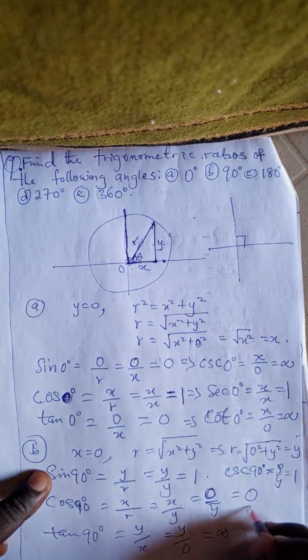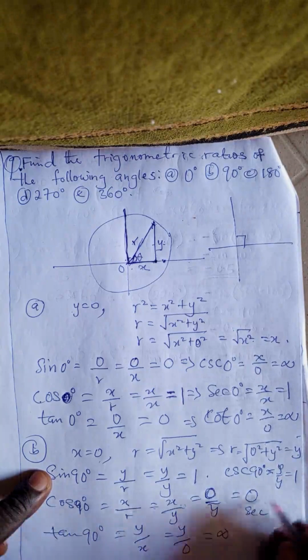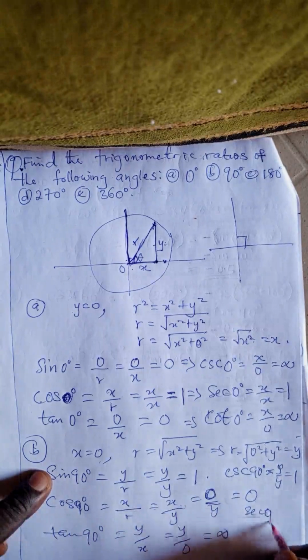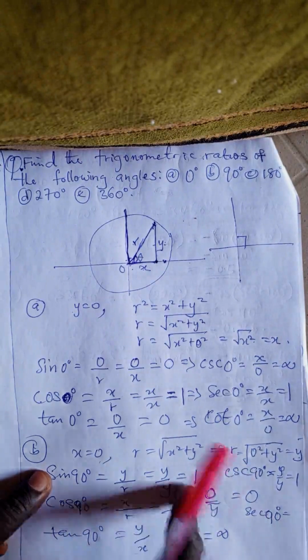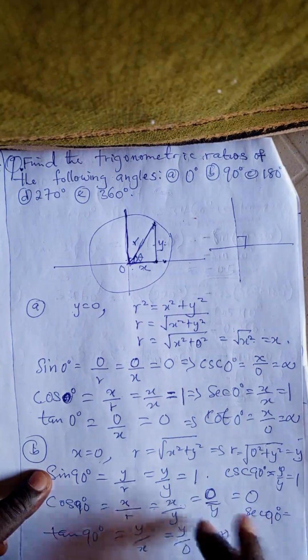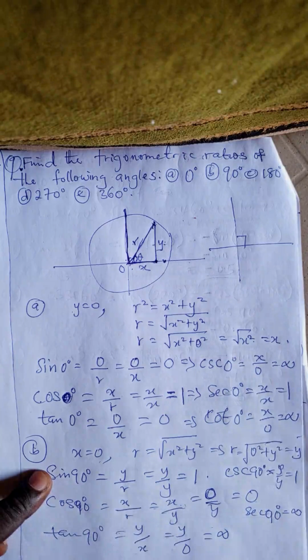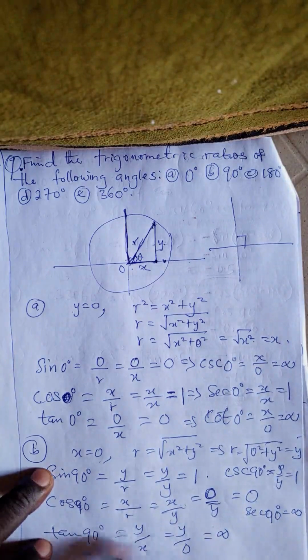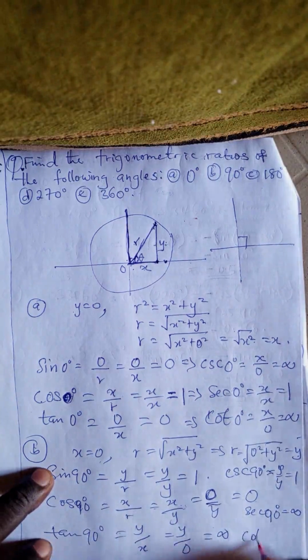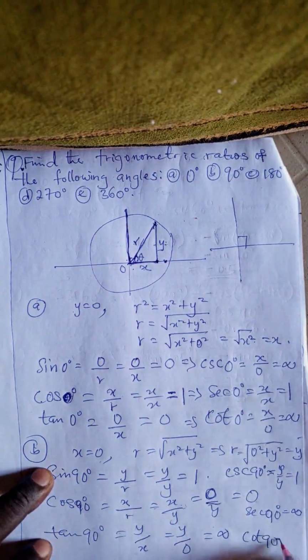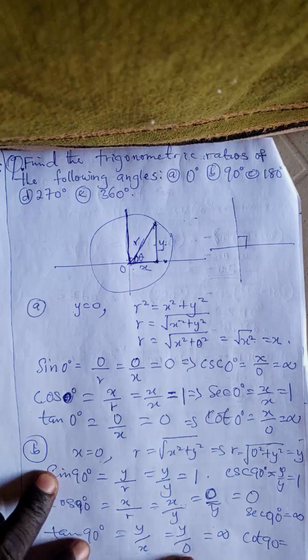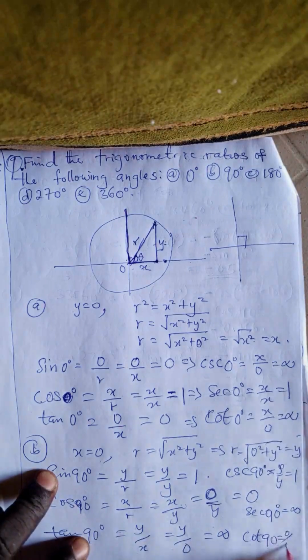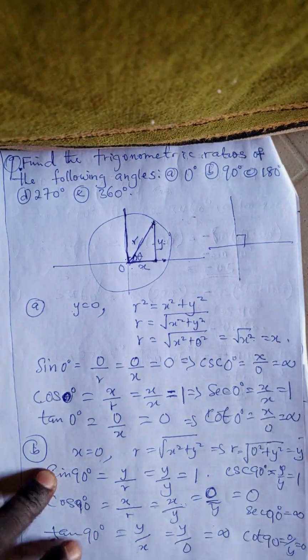Now we look at sec 90, which is just y over 0. So anything divided by 0 is not defined. It's undefined. Then cot 90 degrees is equal to 0 over y, and that's equal to 0.